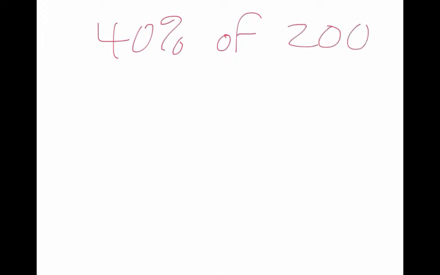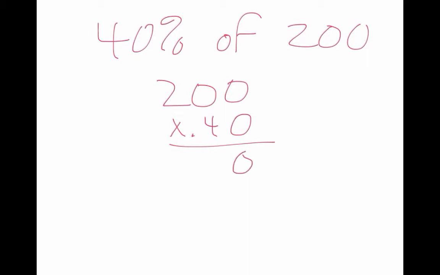Okay, we want to find 40% of 200. What we're going to do is this. I'm going to multiply 200 by 0.4. So we'll say 200 times 0.40. 0 times 0 is 0, so I've got a 0 in the tens place down here, so I just move over. 4 times 0 is 0, 4 times 0 is 0, 4 times 2 is 8.